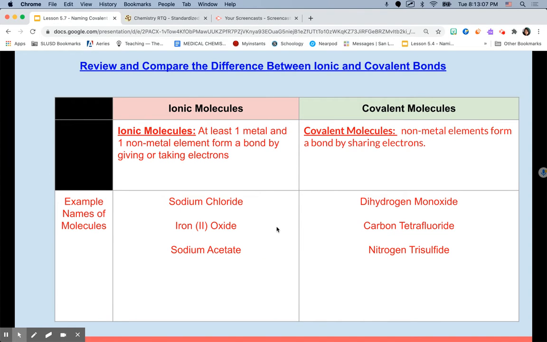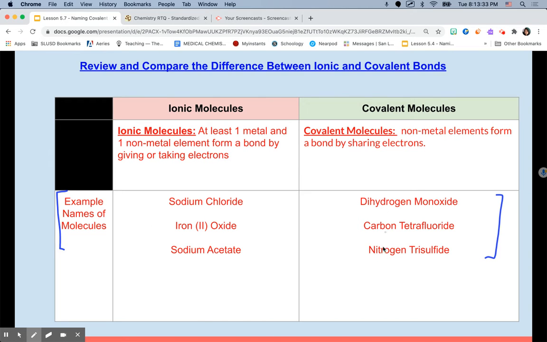And additionally, when we name ionic and covalent molecules, they're also a tiny bit different. So on this slide, since you already should have the definition of these two from a previous lesson, I would just note that the naming system of these two are a little bit different, right?